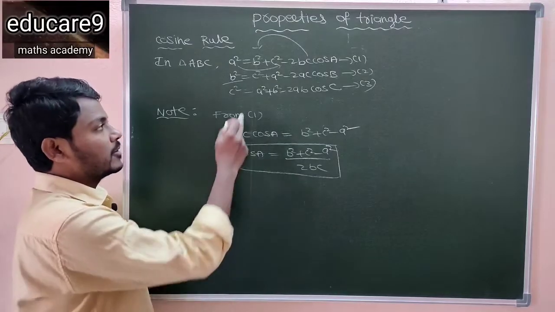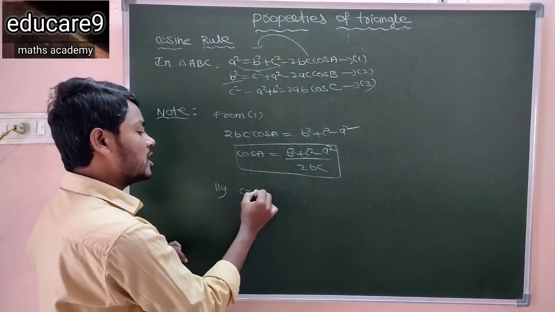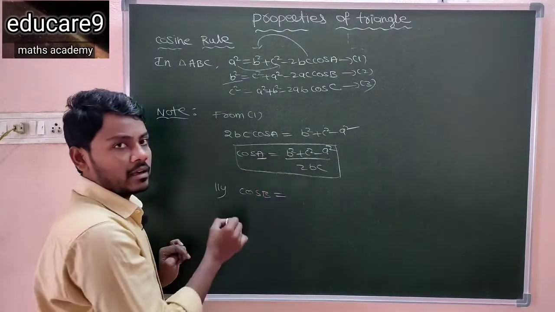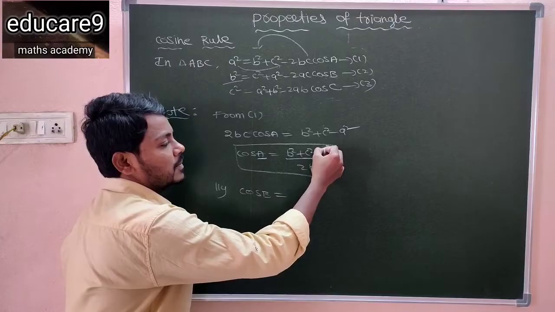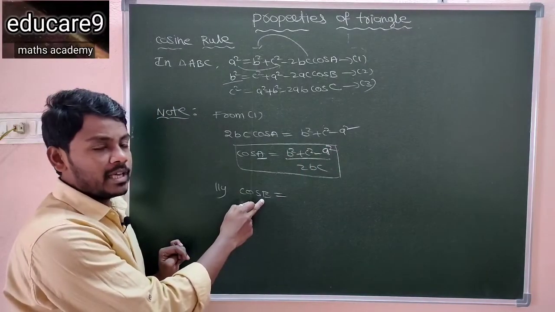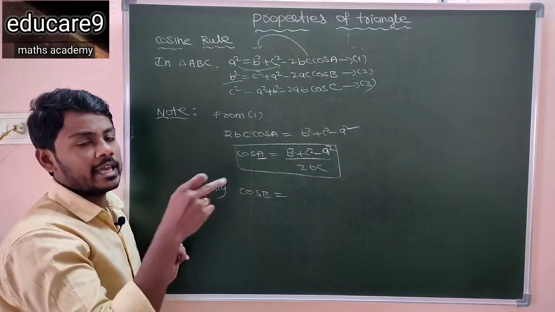So similarly, from 2 and 3, cos B is equal to what? See here, angle A is there, so you have to write minus small a squared. The remaining terms are b and c. Here angle B is there, so what are the remaining terms? a and c.